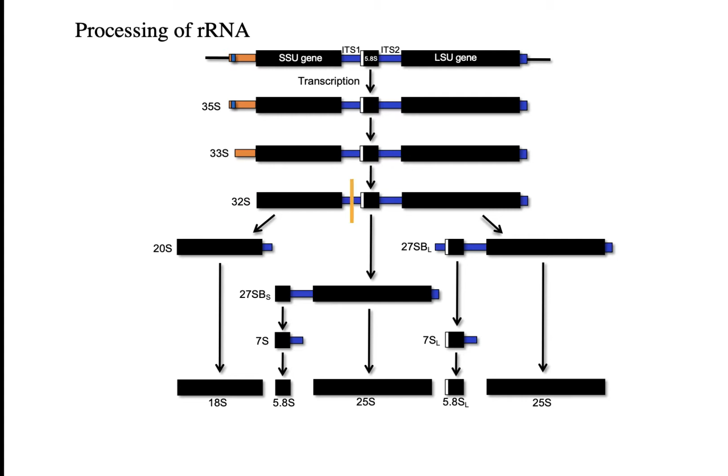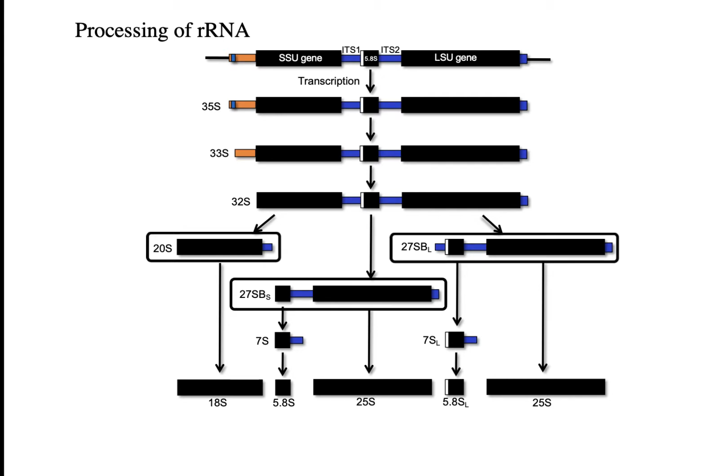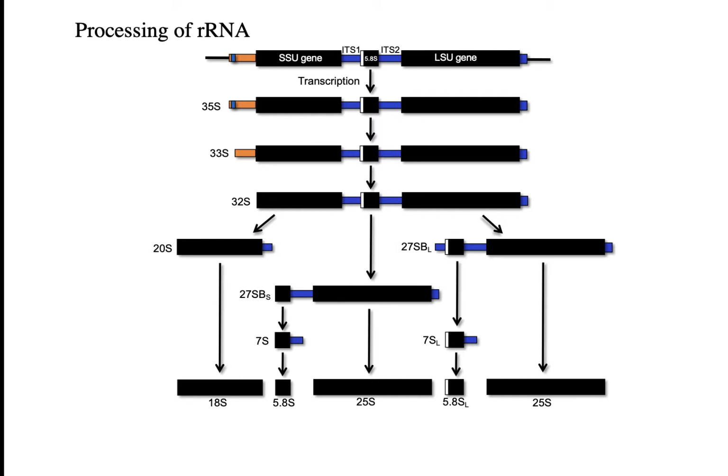And then there's clipping in the internal transcribed spacer 1 to form a 20S piece and a 27S piece, again in two different forms. One is a long form and one's a shorter form of the 5.8S. And then the 20S is further clipped into the 18S that then becomes incorporated into the small ribosomal subunit.